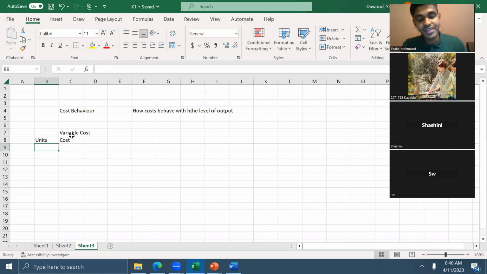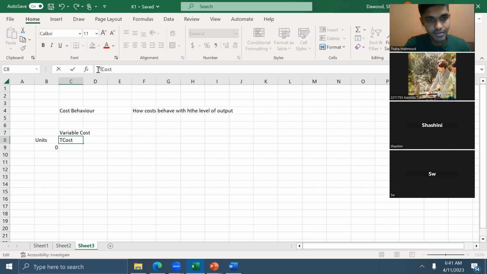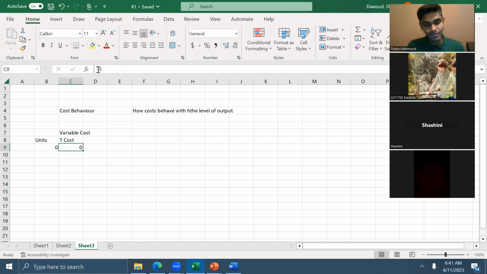So when the units are 0, total variable cost is always 0, and there is no AVC as well. I think it's 0 divided by 0.